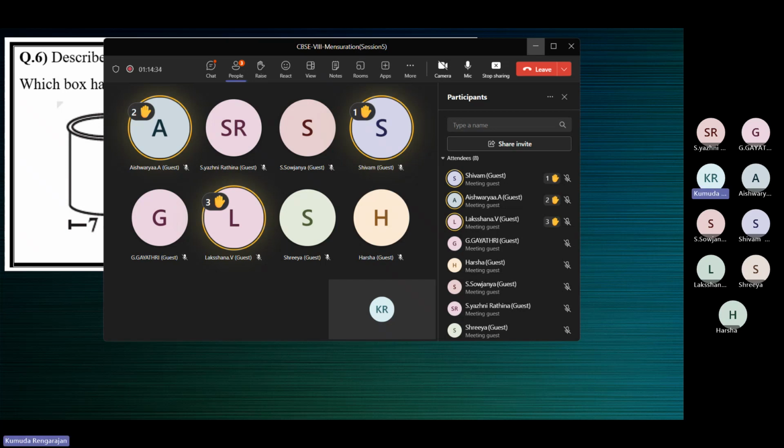Today, from the way Lakshana answered, I'm confident that she knows it well without any confusion. Others, I'm not sure. Aishwarya also could not attend a few classes. Yarni, not clear, maybe. Saujanya, I don't get to hear from you. Shivam, I'm not sure if you know. Gayatri also busy with exams at school. Shriya, I'm not sure. Harsha, I don't know. Only if you answer can I understand where you are and how better I should help you.